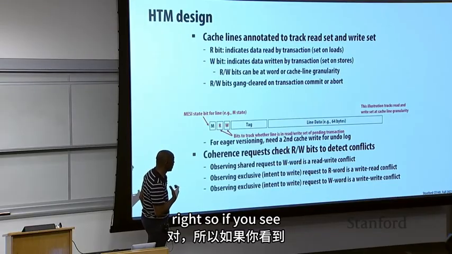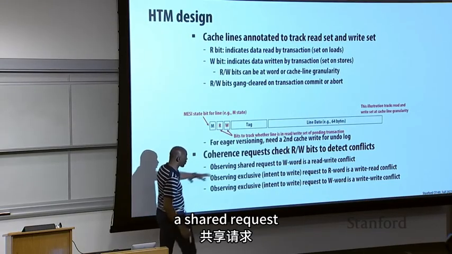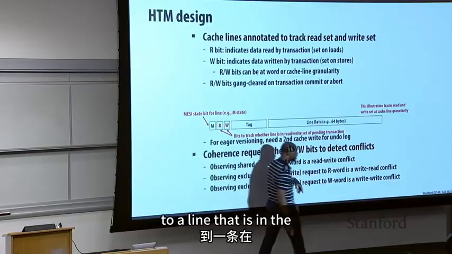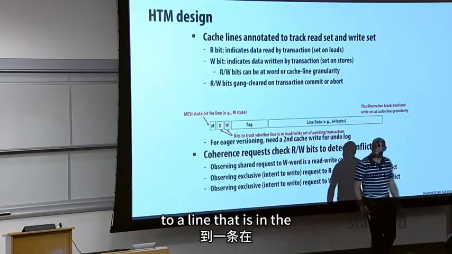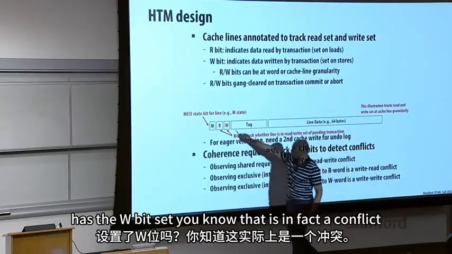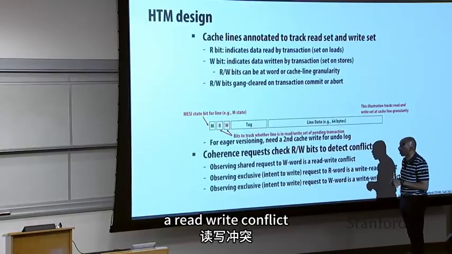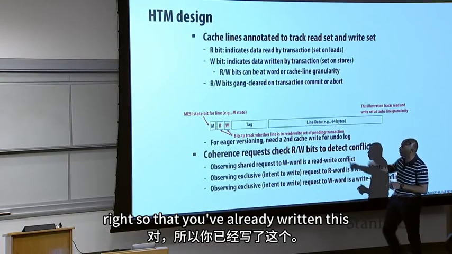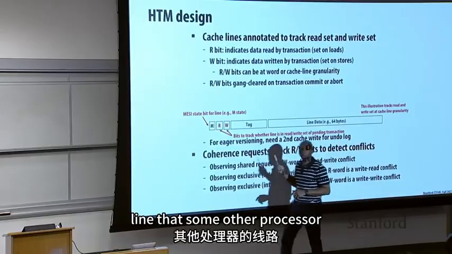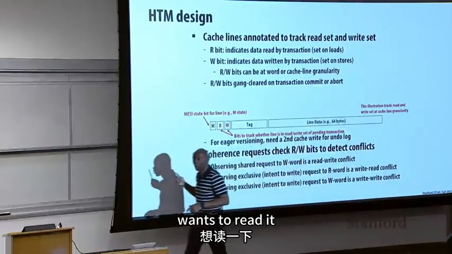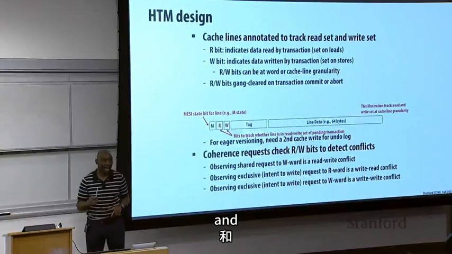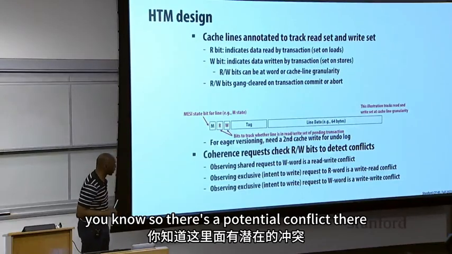So if you see a shared request to a line that has the W bit set, you know that is in fact a conflict, a read-write conflict, right? You've already written this line, and some other processor wants to read it, so there's a potential conflict there.